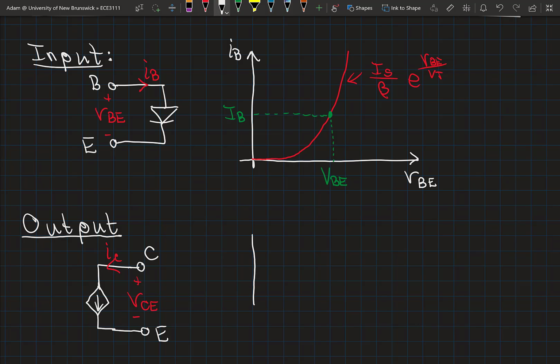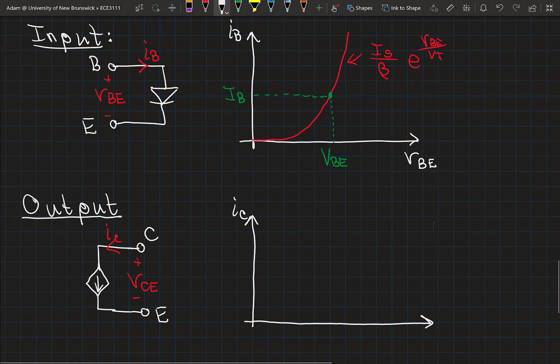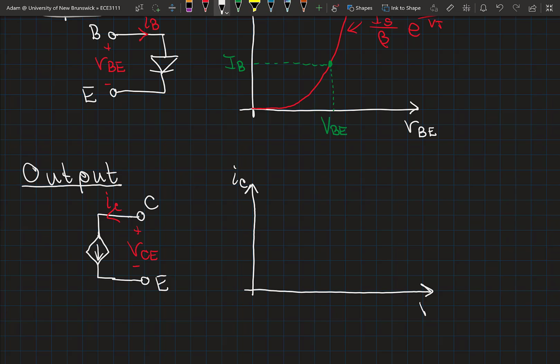So in that way, if we look at the IV characteristic of the output, where the current axis represents our collector current, our voltage axis represents our collector to emitter voltage, our output is going to be just a straight line that, of course, is a function of the base current.